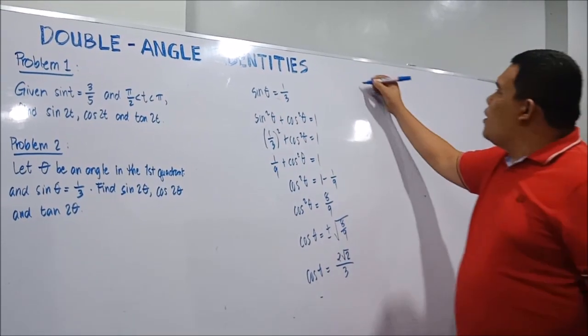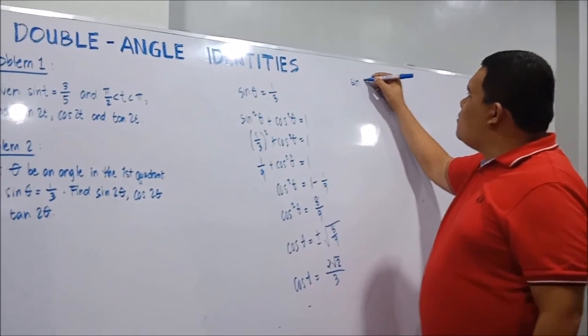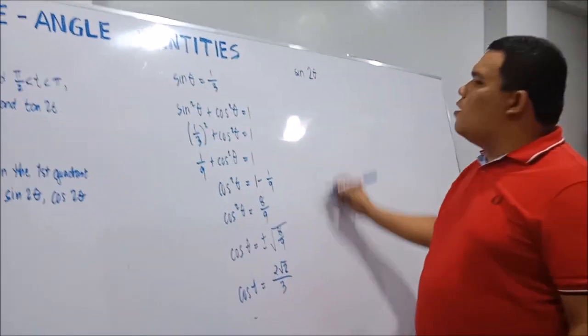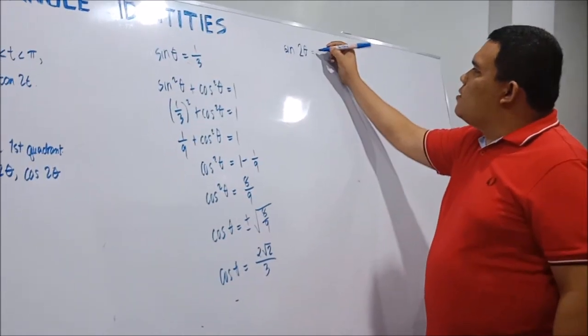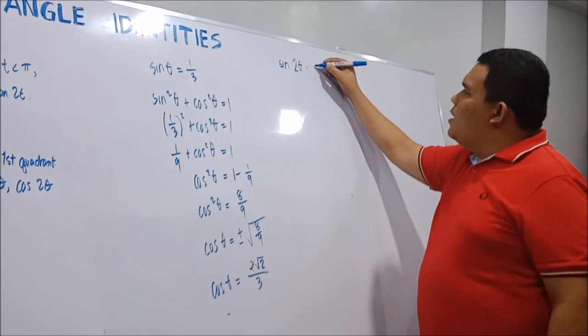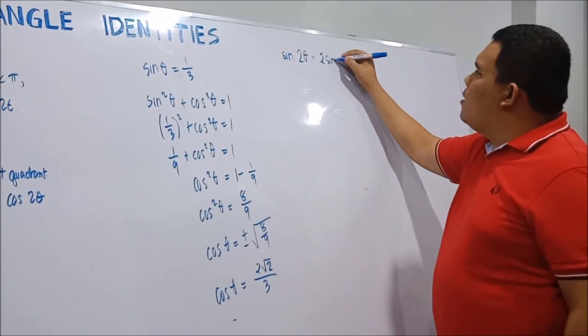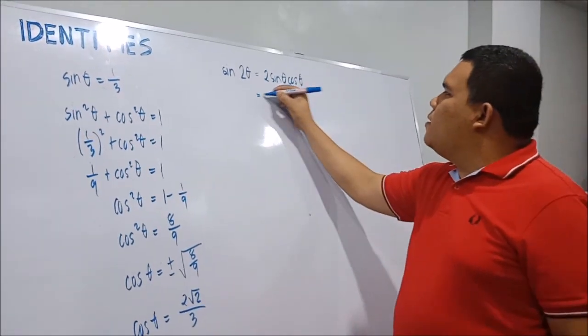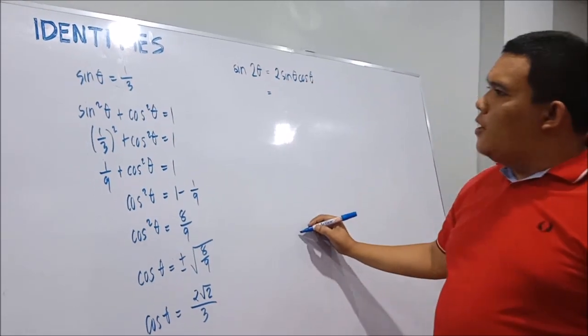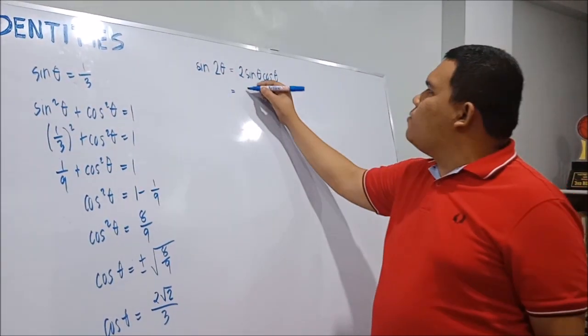So we can now solve for our sine 2 theta, cosine 2 theta, and our tangent 2 theta. Again, our sine 2 theta is just 2 sine theta cosine theta. We have the values for our sine theta. Sine theta is 1/3.